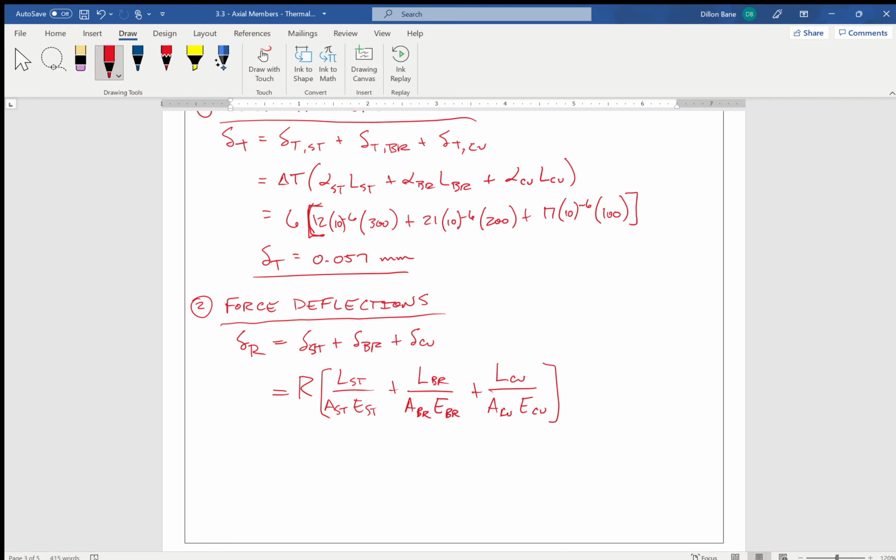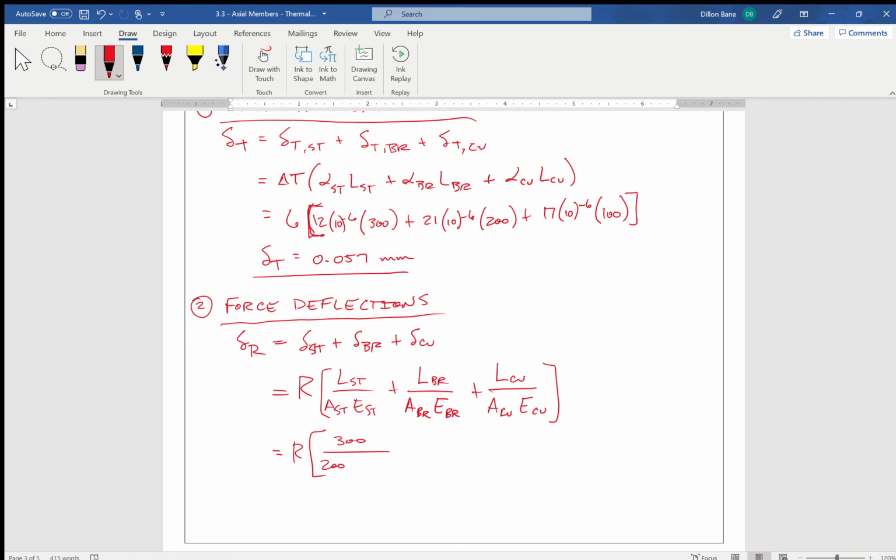So if we start plugging and chugging into this equation, what we find is, the steel is 300 millimeters. The area is 200 millimeters.